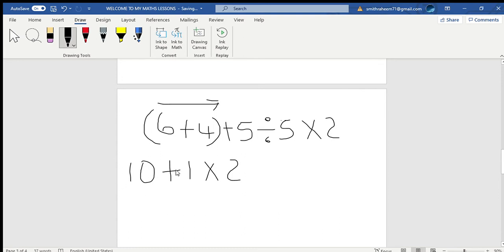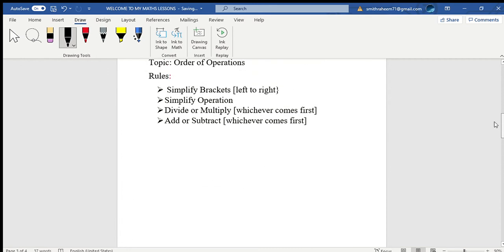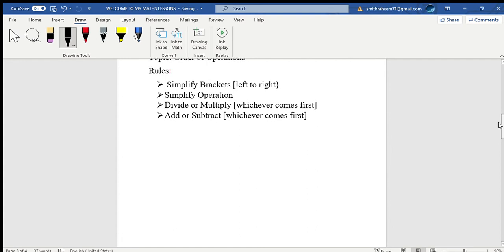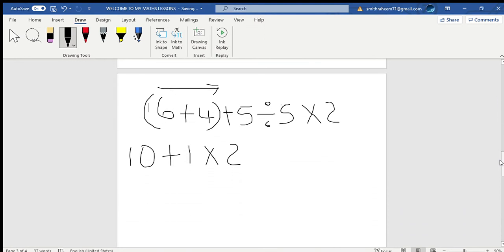Remember, we're going to follow the rules. The rule states that you should add and subtract last, so you're not going to add until you reach the last part of the problem. Even though we have 10 plus 1, we're not going to add 10 plus 1.